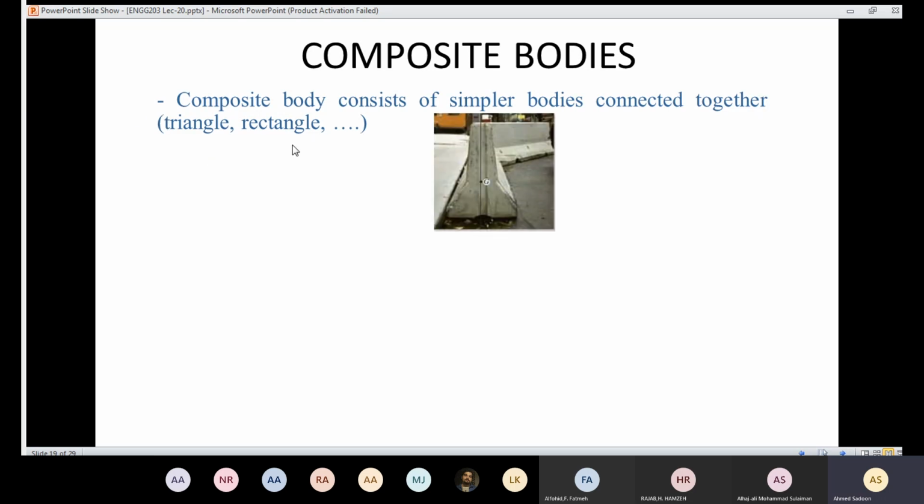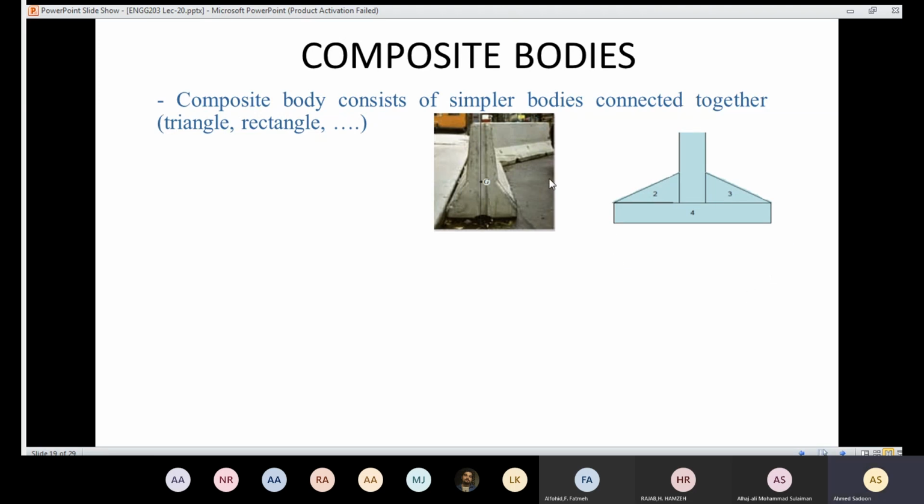For example, here we have a cross section for a beam, and the cross section here is a composite cross section. It means that I'm going to divide that composite body into simpler common shapes. For example, this one here could be divided into a rectangle, a triangle here, and a rectangle there.